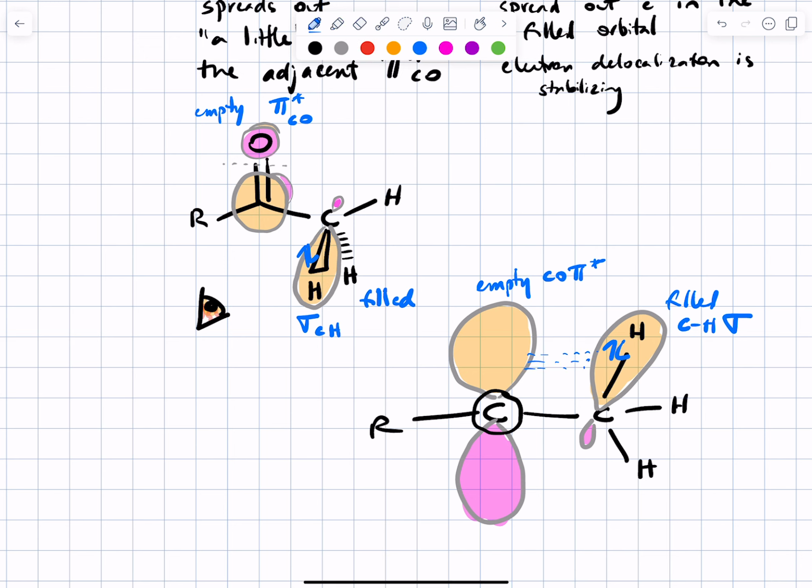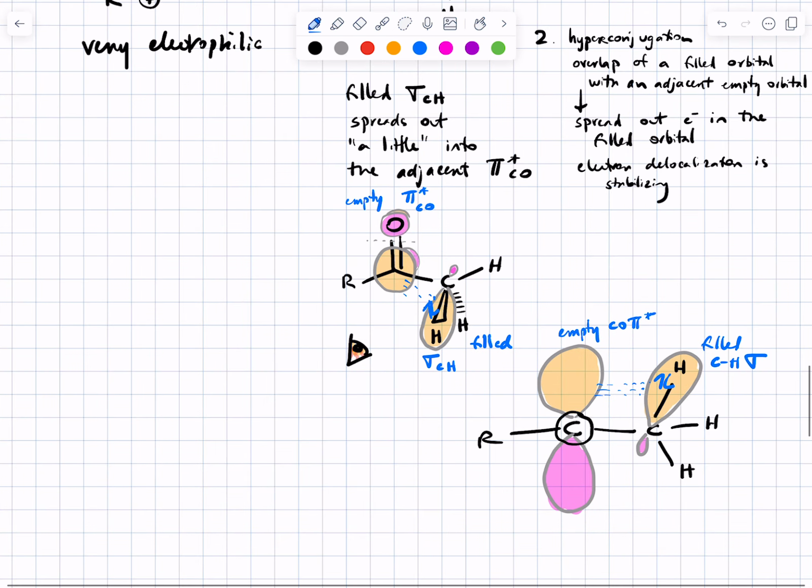Okay, not completely, but the effect will be that they're going to spend a little bit of time towards the carbonyl carbon. That's going to help lower the partial positive charge on the carbonyl carbon and make it less electrophilic. Okay, got that? That's hyperconjugation, and we can talk about why it's called that, but that's good enough for now.